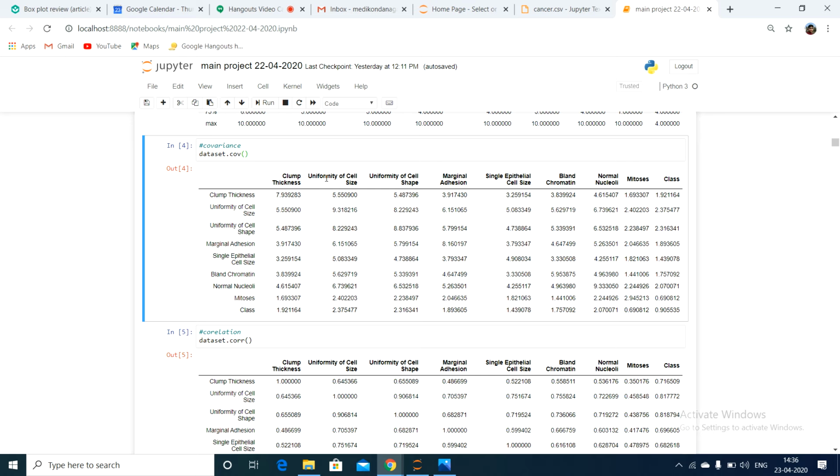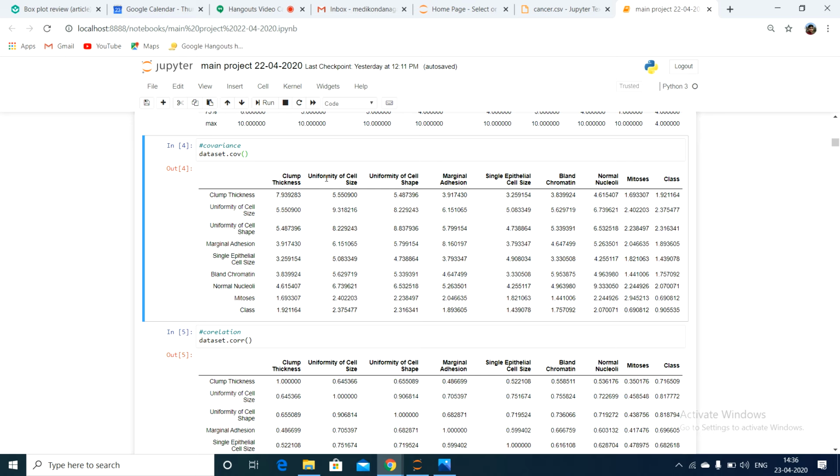Correlation is doing that, covariance is also doing that. So what is the difference between covariance and correlation? You might have heard in physics in 10th or 11th standard about scalar quantity and vector quantity. A scalar quantity tells us only the magnitude, but not direction.